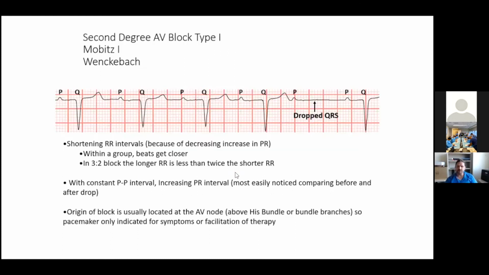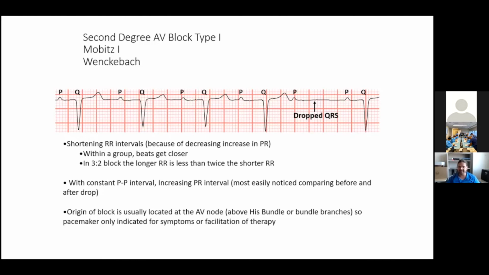Now, second degree heart block, type 1 or Mobitz 1 Wenckebach, has the classic pattern that people often describe as the lengthening PR interval. But in cardiology, we typically define what's happening with the RR intervals. And so the hallmark of Wenckebach is actually RR intervals that are getting closer and closer together within any group of beats.